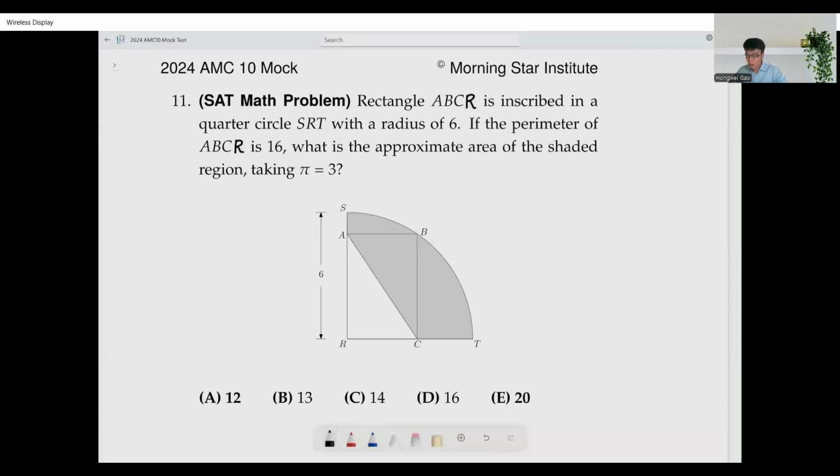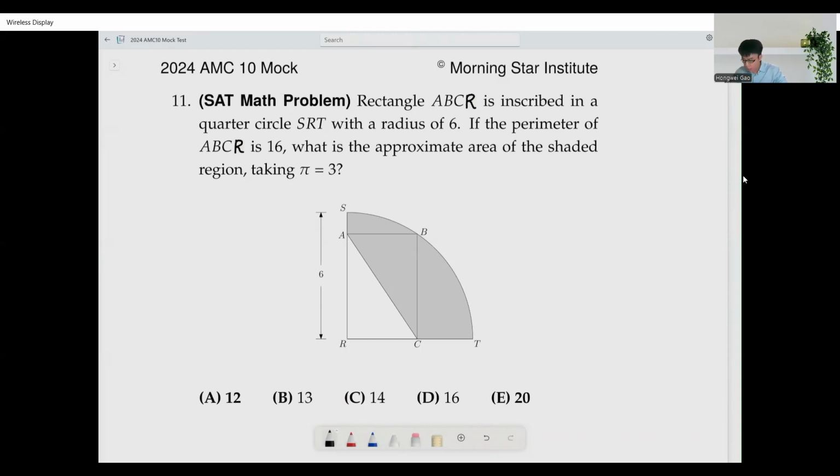Question 11. Rectangle ABCR is inscribed in the quarter circle SRT with radius 6. Now we know the perimeter of ABCR is 16. What's the approximate area of the shaded region if we take pi to be 3?